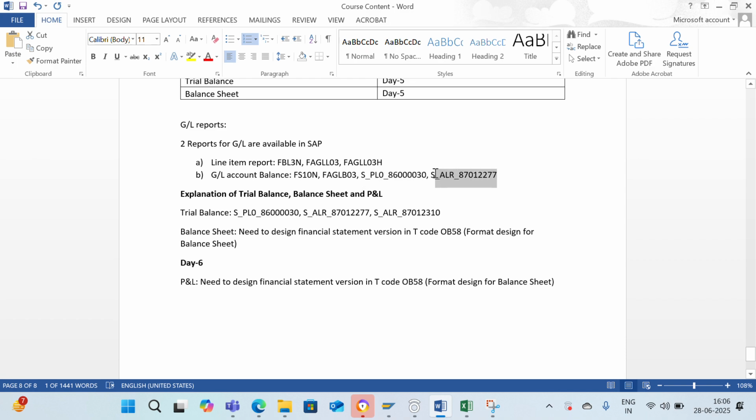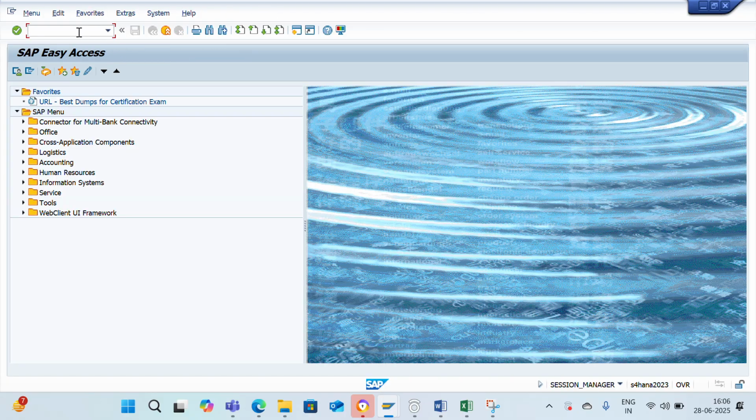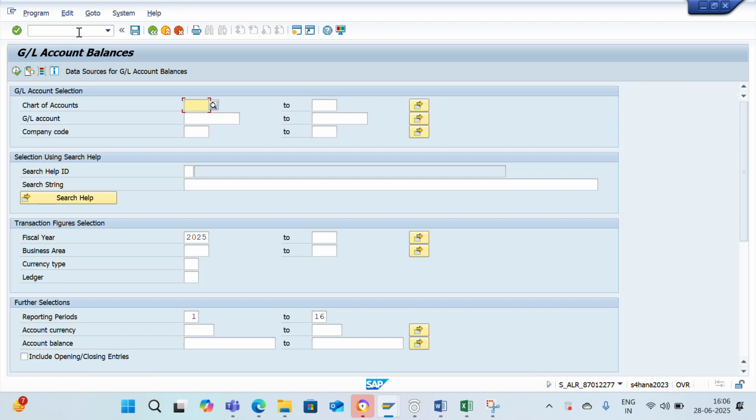Next is this report. Again here also I am giving the company code and reporting period from 1 to 12. Don't get confused with 16. And for ledger I am putting 0L. You only concentrate on the reporting period, fiscal year, the GL account, and the company code.